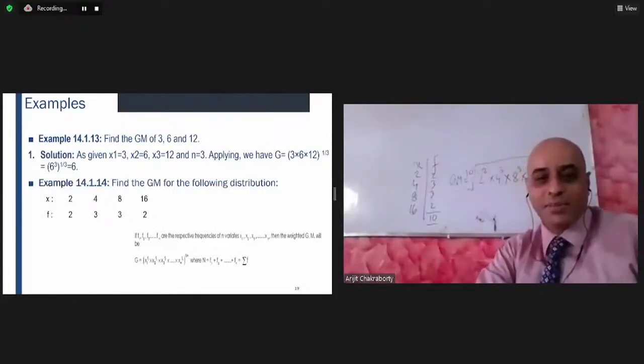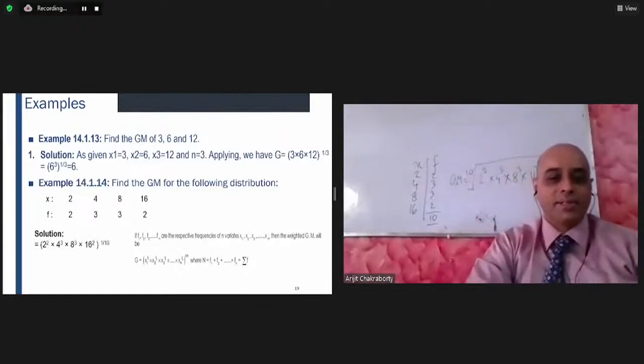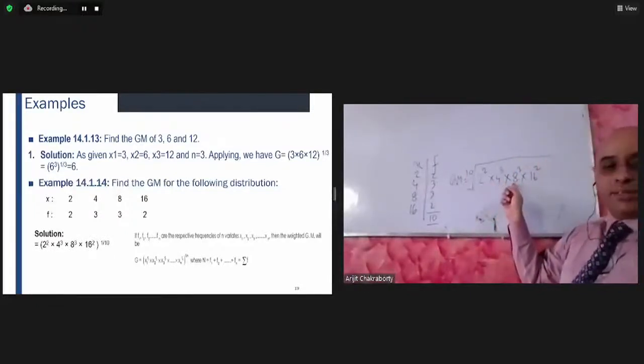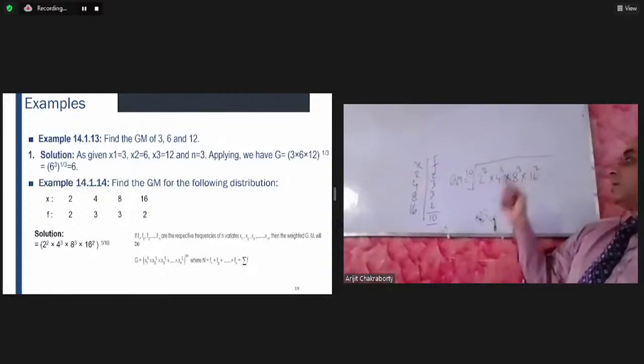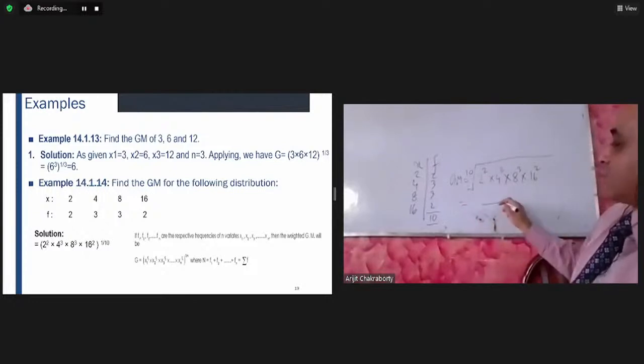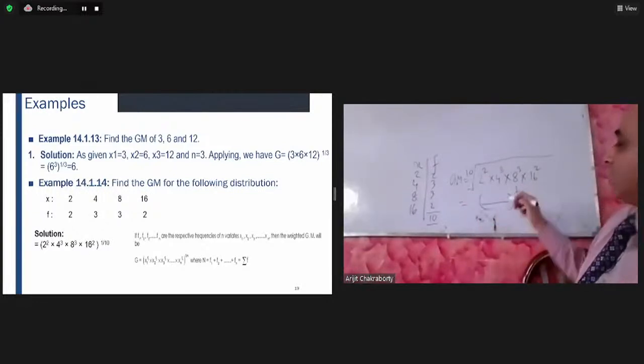So 2 square into 4 cube into 8 cube into 16 square, the 10th root, I can write as this expression to the power 1 by 10.